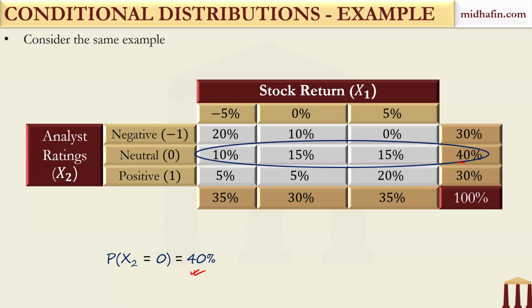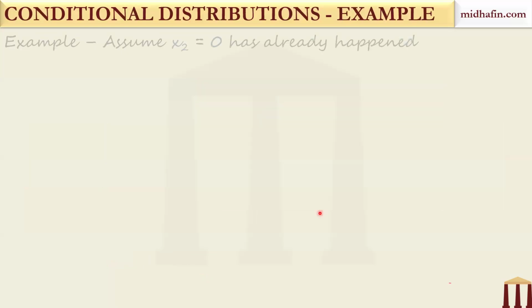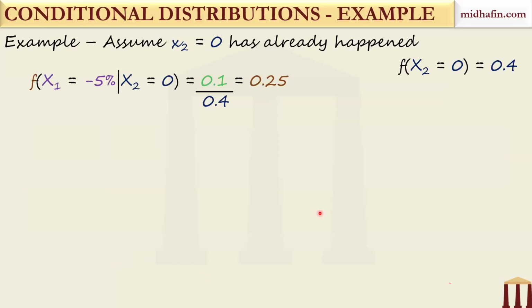No, Ashima. Why 30? The denominator will be 40 only. Understood? The denominator is the probability that x2 equal to 0, so that is the same. Srija, correct. And Ujwal also correct. See, Ashima, we were able to find this. What we have to find now is this.